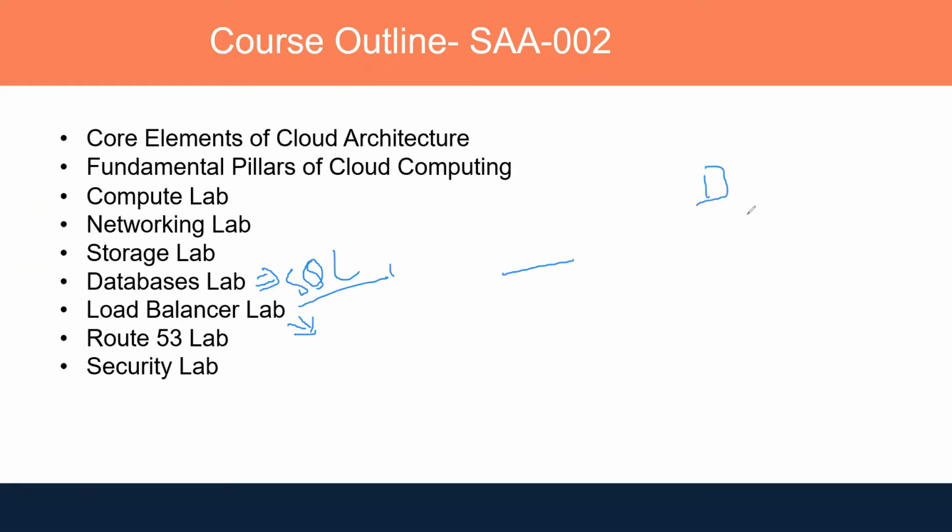If you have multiple machines, multiple servers, and you want to put them behind the load balancer, all these servers can serve the services. So we can create the load balancer and put these servers behind it. We will see how we can do traffic load balancing under the load balancer.